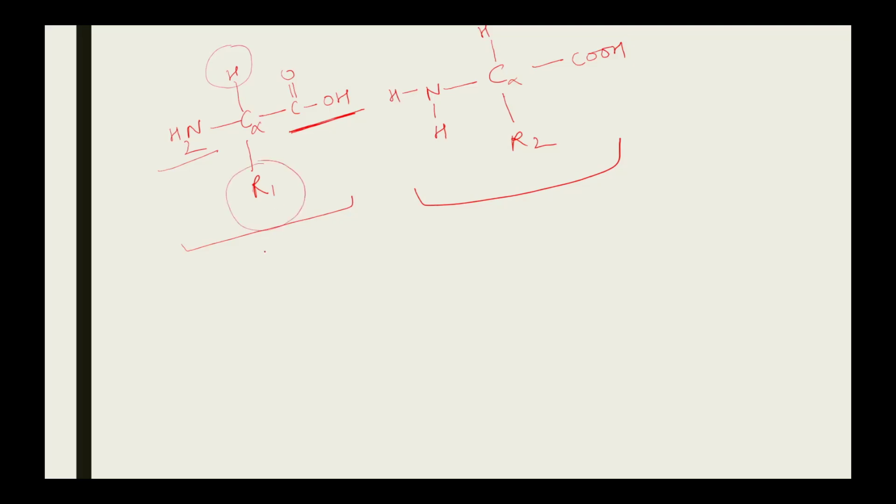This R group varies and that brings the diversity in amino acid structures. So one amino acid gives the carboxyl group and loses the hydroxy group from it. Another amino acid provides the NH2 group or amino group and loses a hydrogen.